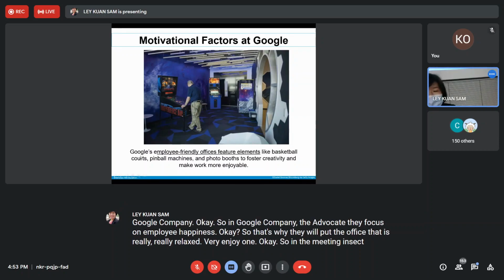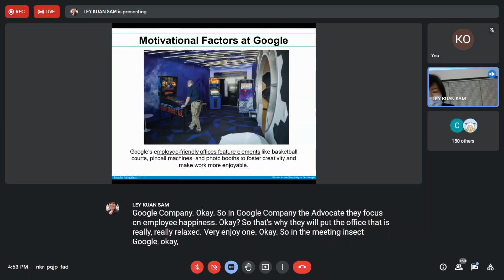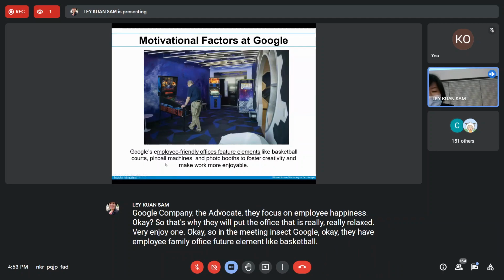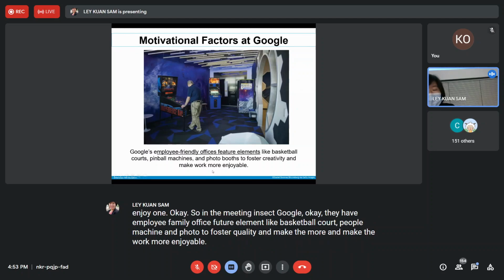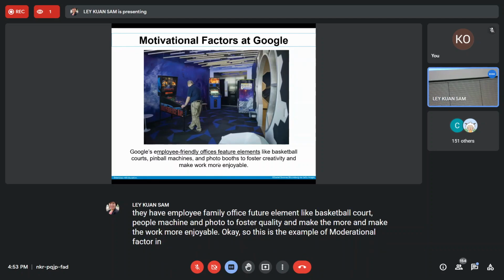Inside Google, they have employee-friendly office features like a basketball court, pinball machine, and photo booth to foster creativity and make the work more enjoyable. This is the example of motivational factors in Google.